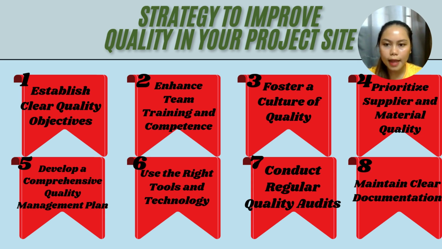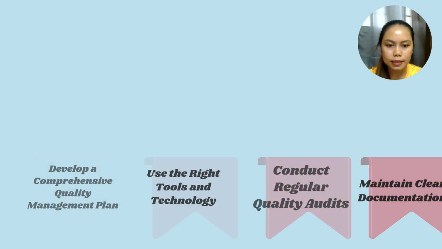One is to establish clear quality objectives, two is enhance team training and competence, three foster a culture of quality, and number four prioritize supplier and material quality. Five, develop a comprehensive quality management plan, six, use the right tools and technology, seven is conduct regular quality audits, and the last one is maintain clear documentation.